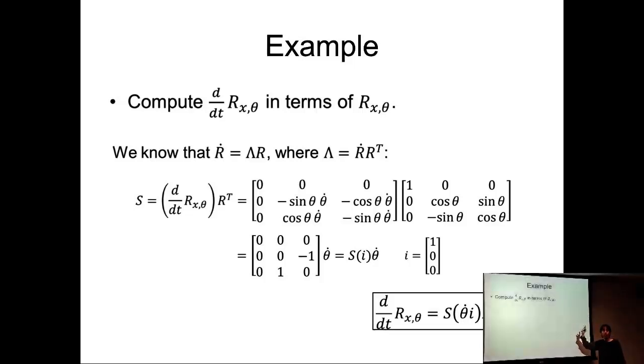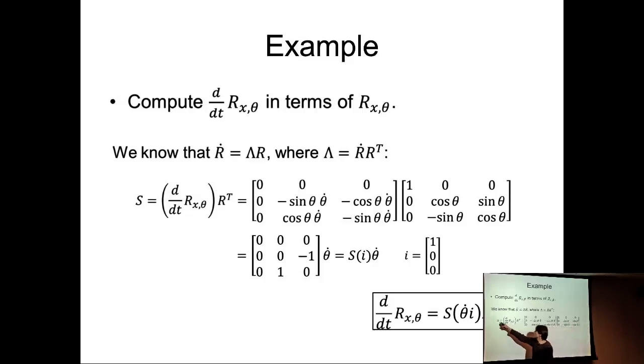So let's see if all this analysis works for a very simple case. We want to compute the angular velocity vector for rotation around the x-axis. So we know that the derivative of our orthogonal matrix is equal to a skew-symmetric matrix times the rotation matrix. We'll rearrange terms. Here's the skew-symmetric matrix, because now we're hunting for the angular velocity vector.